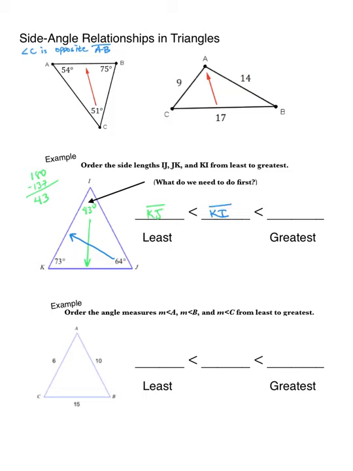And then the largest angle is opposite the largest side, JI. It's that simple. Now let's do it again, but now we're going to do it using angles. We have the smallest side, AC, opposite the smallest angle, which is angle B.